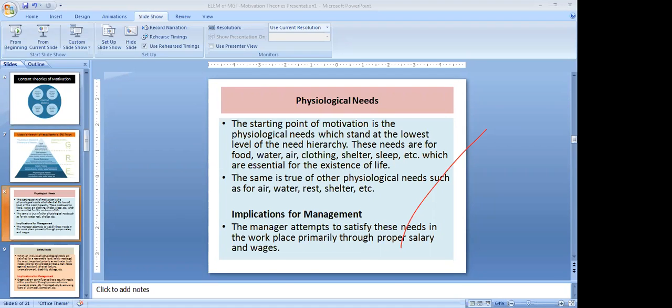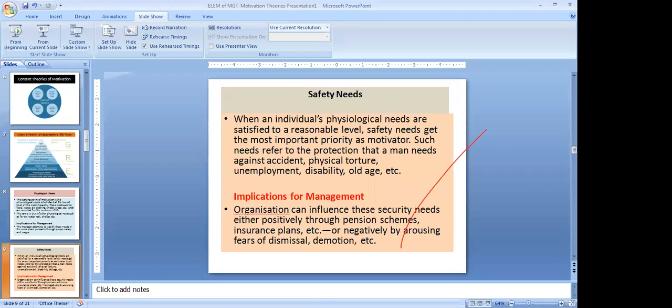So what is the implication again for management? The implication for management is that the organization can influence these security needs either positively through pension schemes, insurance policies, and so forth, or it can also influence them negatively by arousing fears of dismissal or demotion on the employees.